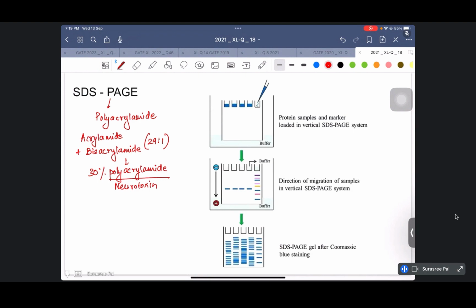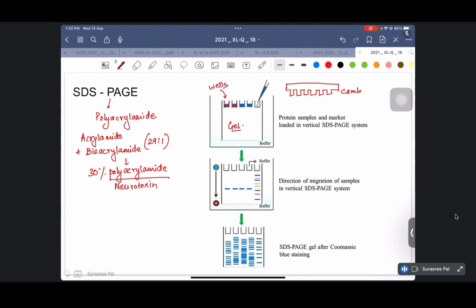In this setup, we usually run proteins, or we can also run DNA in these gels. This is how the gel looks, and it has these wells. This structure here is called a comb, which we insert into the gel so that wells form in the gel.